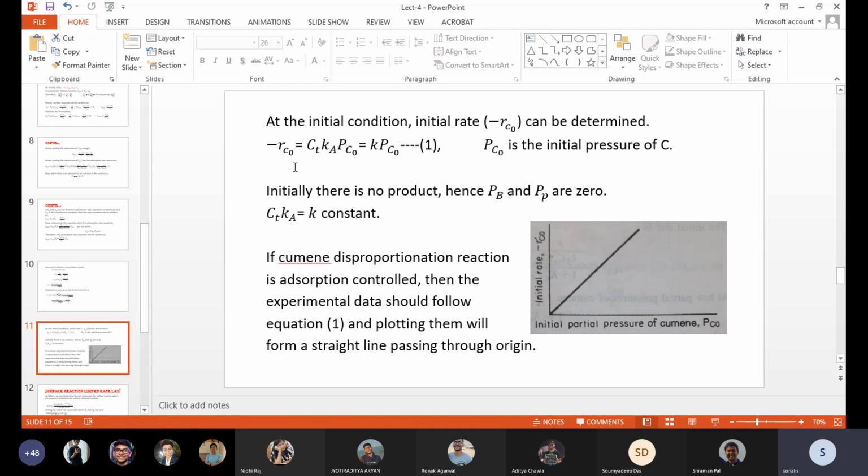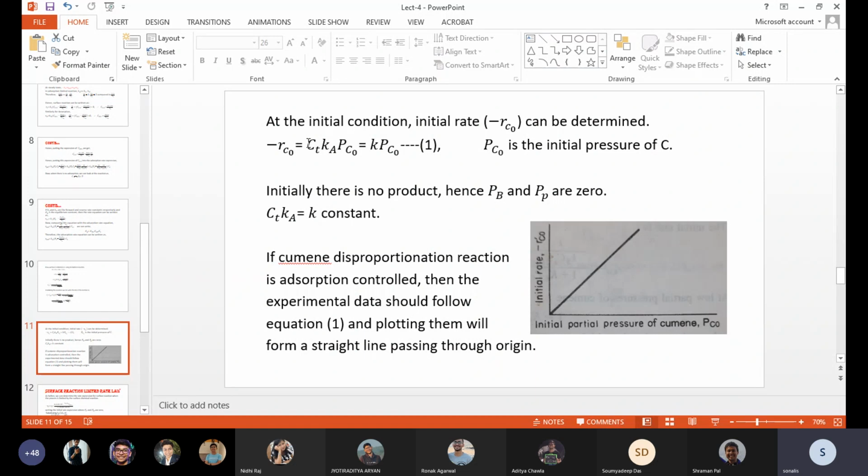Look, minus Rc0 is equal to Ct Ka Pc0. Now Ct is constant, the concentration of total active sites on a catalyst per gram, and Ka is the forward rate constant of adsorption, that is constant.